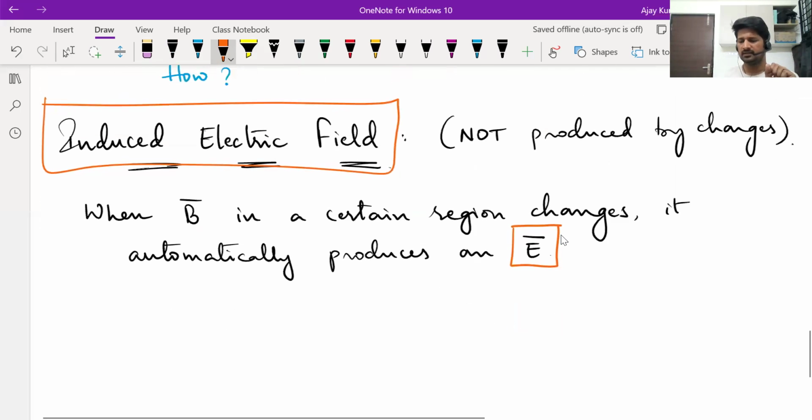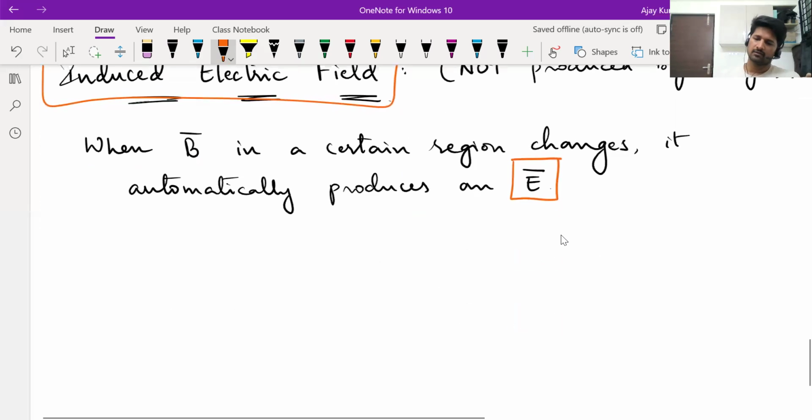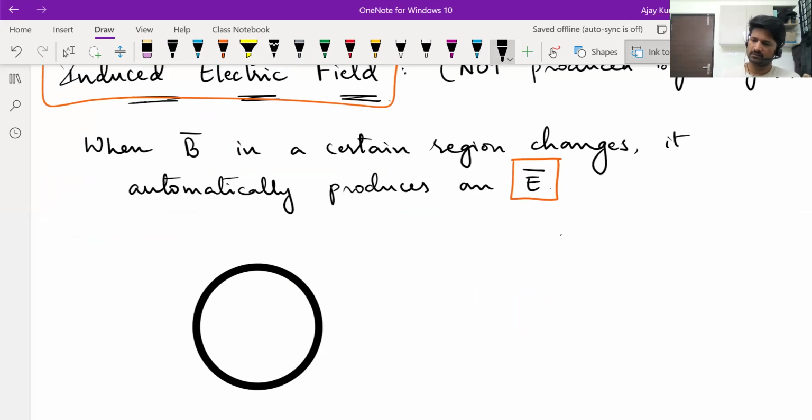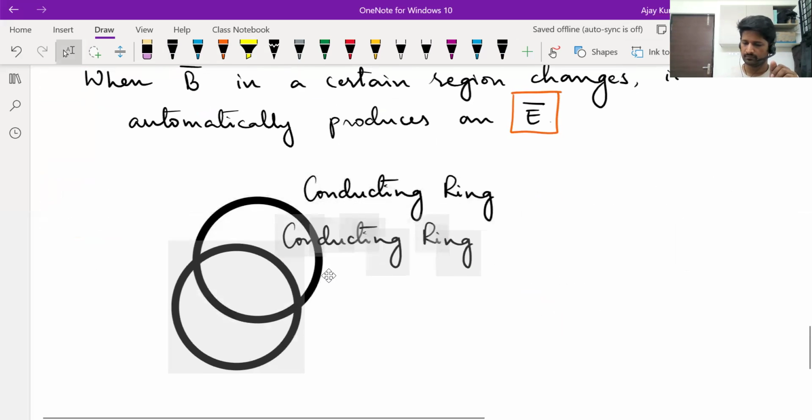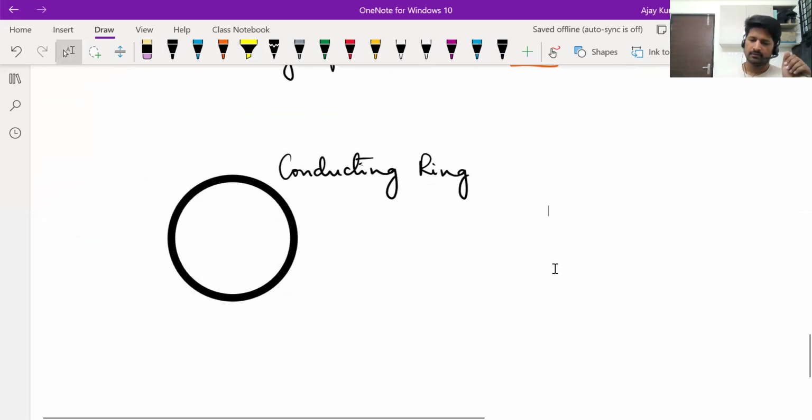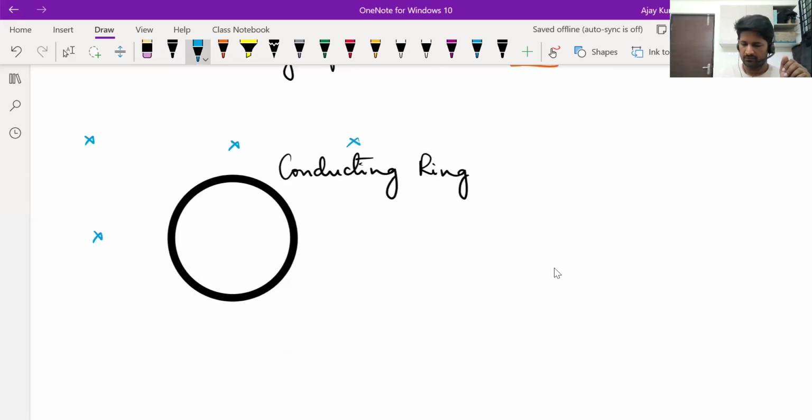Let us discuss this in a little detail. Consider a loop like this. Let's say this is a conducting ring. Listen very carefully, all of you. I'm assuming there's a conducting ring present, and assume there is a magnetic field directed into the plane of the screen.